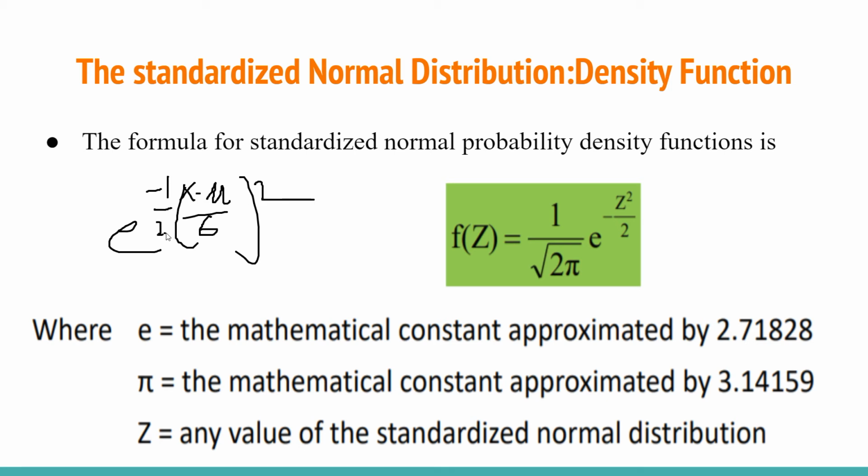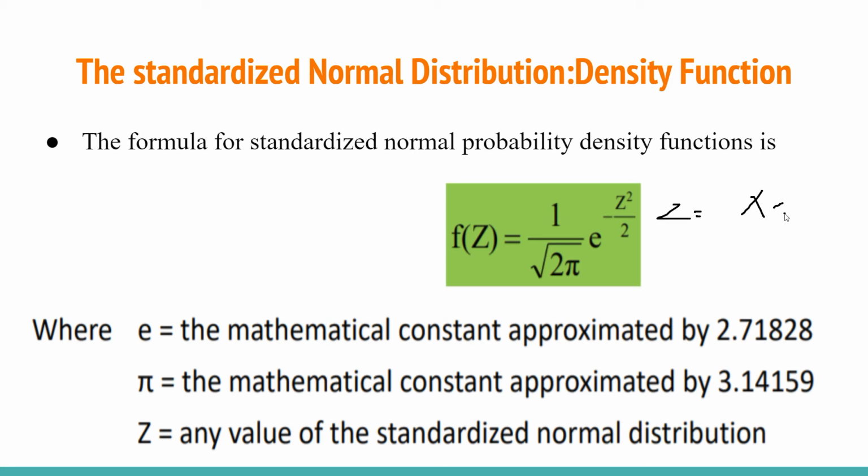I have explained this in great detail in the video lecture also, so you need not worry about this at this moment. f(z) equals 1 upon root 2 pi e to the power minus z square upon 2, and z can be replaced with our favorite formula, which is nothing but (x minus mu) upon sigma. So you can now recalculate this formula with great ease, no problem.